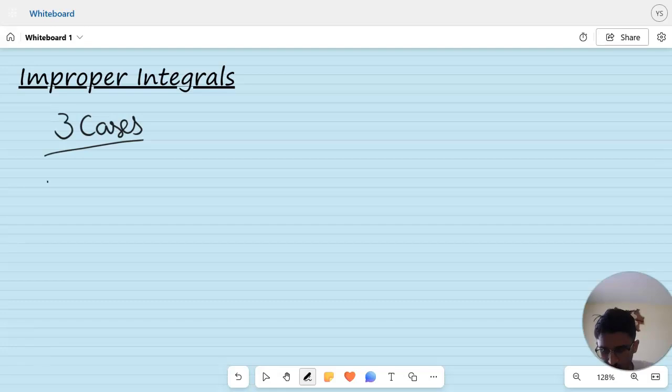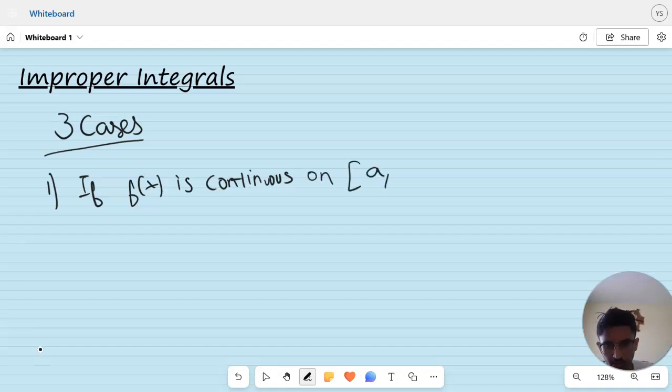The first case is if f of x is continuous on the interval a to infinity. So the closed interval from a and open interval on the infinity side.